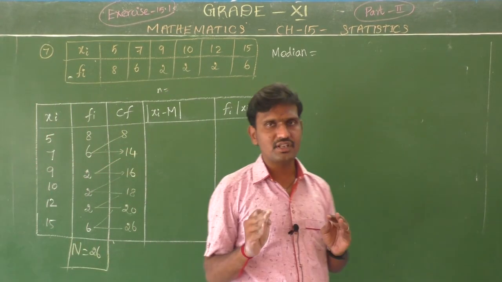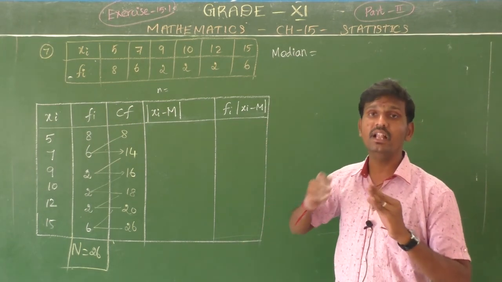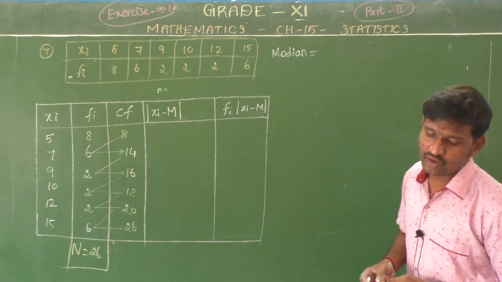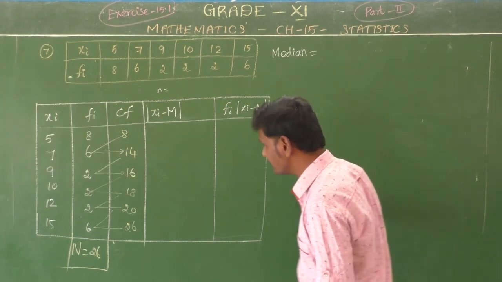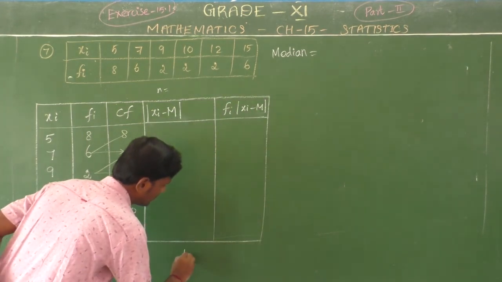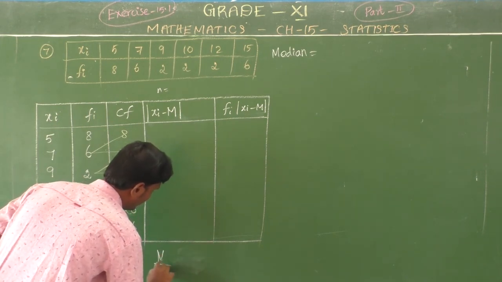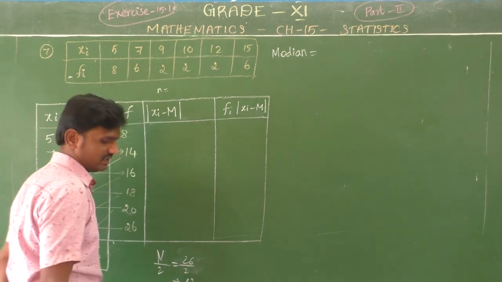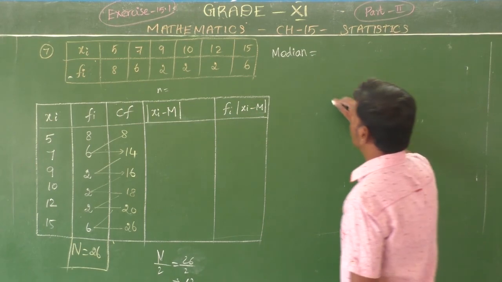When the number of observations is odd, it is simply the n plus 1 by 2th value. Here it is even, so I take n as 26. Now n by 2 is 26 by 2, that is 13.